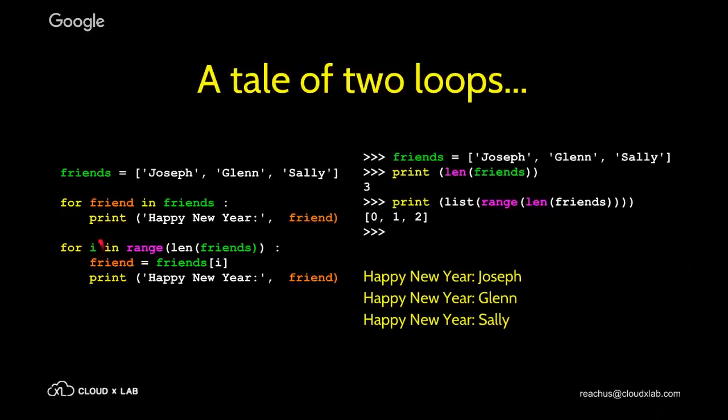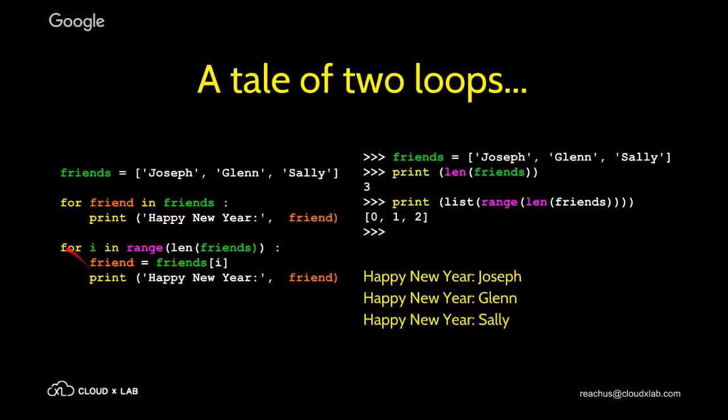And then for every element of that list 0, 1, 2, it's going to access the individual element of the array and then print that. So these two loops are identical. They do exactly the same thing, just that this one is far friendlier than this one.